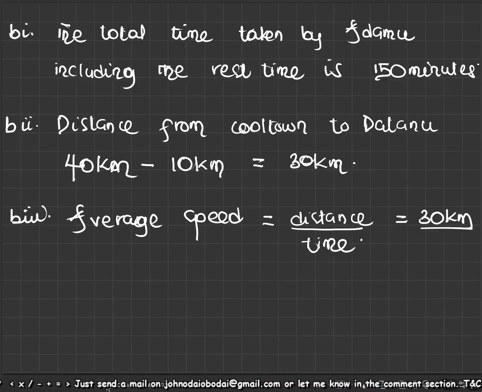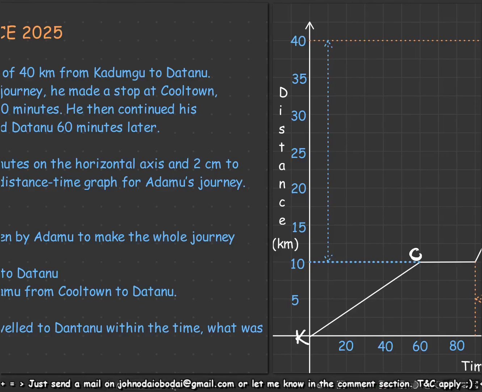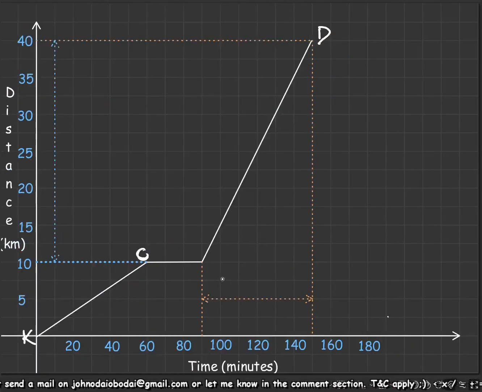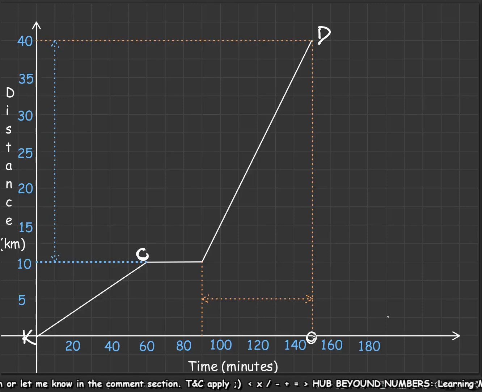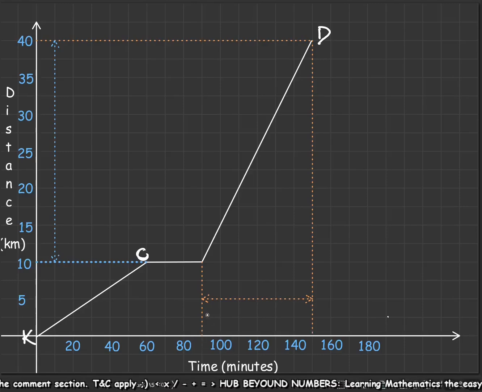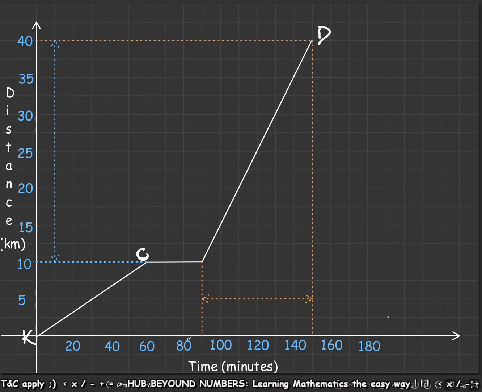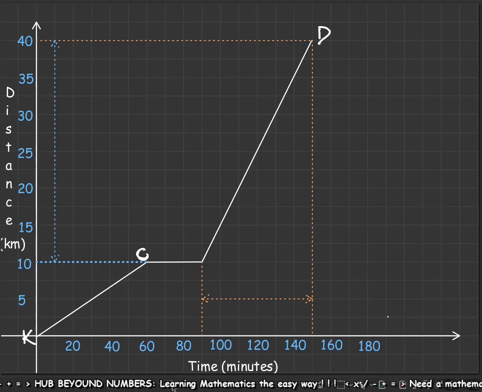So for the time, we come back over here. This is the time taken that I've represented with these dotted lines. And we know this point to be 150. We know this other one to be what? 90. So if we want the time it took within this span, it's going to be 150 minus 90.